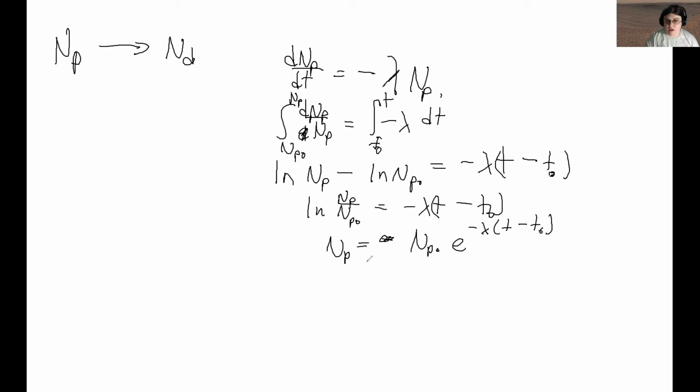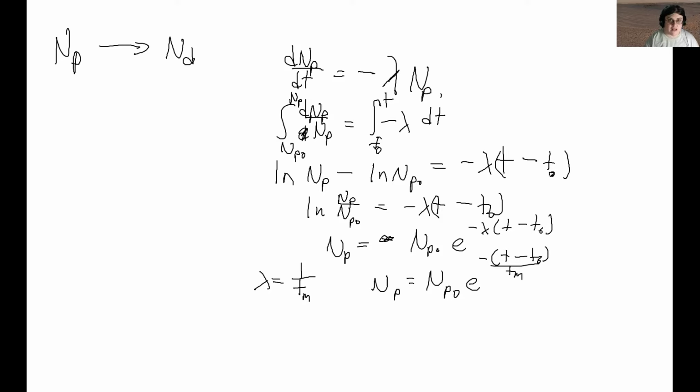Technically that's frequency. So let's actually just change lambda to some number 1 over T_m, T median. And so that would be the time in which the parent decays to 1/e of the original population. It's related to an idea called half-life, but we'll talk about that later.